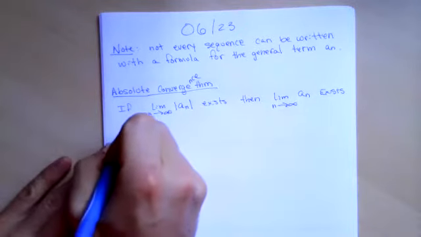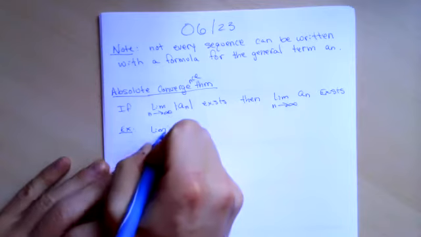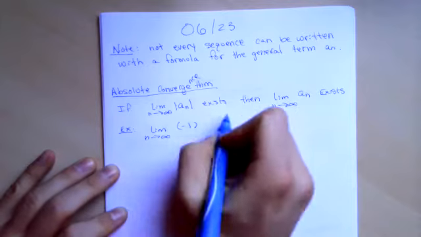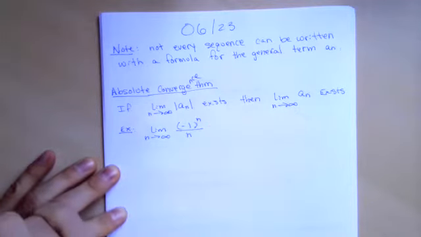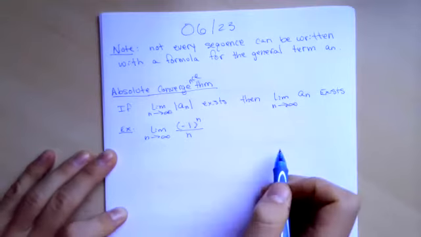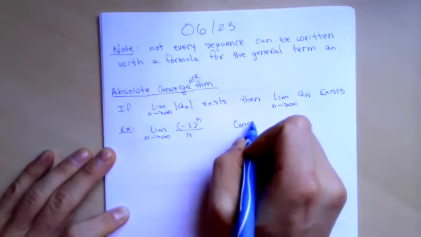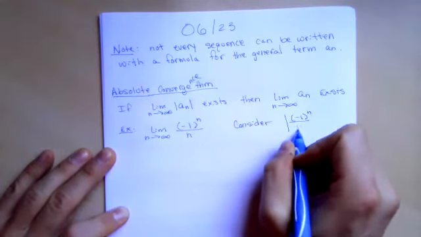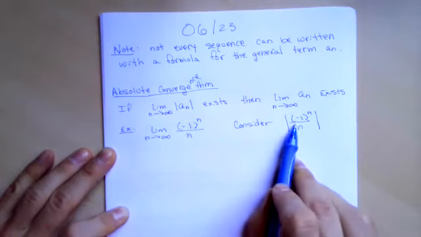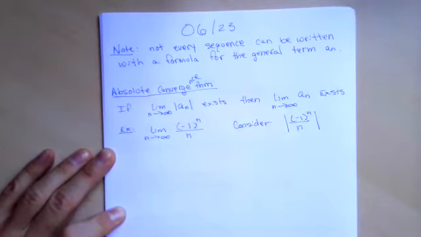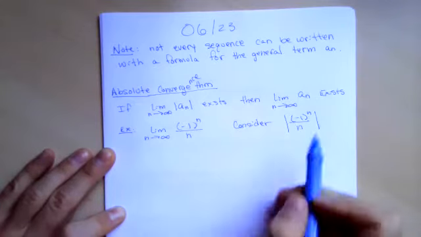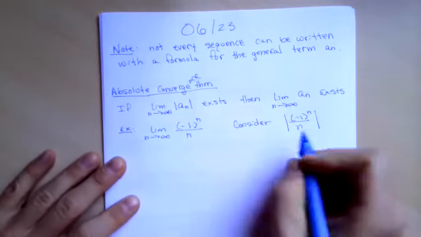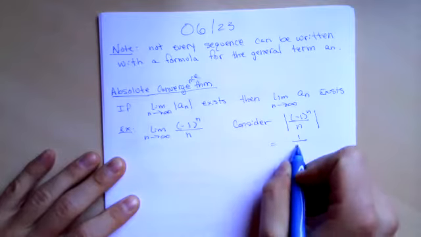So for example, if we want to find the limit as n goes to infinity of (-1)^n over n, well, if I take an absolute value, the absolute value of (-1)^n, since (-1)^n is just going to give values of -1, 1, -1, 1, then this sequence is just going to be 1 over n.